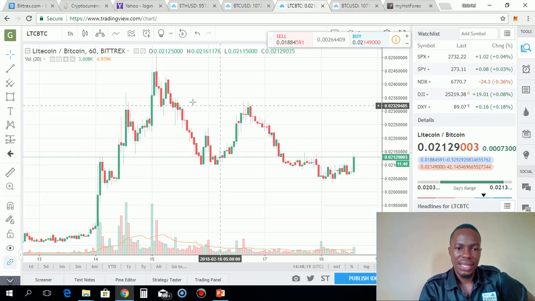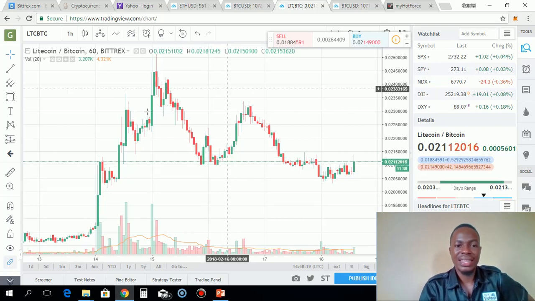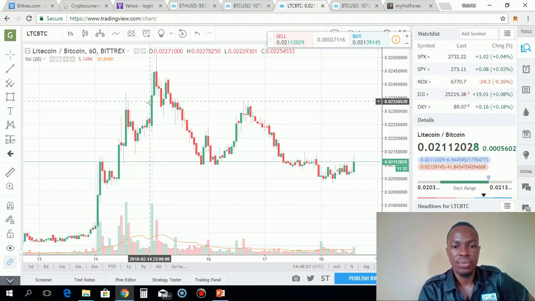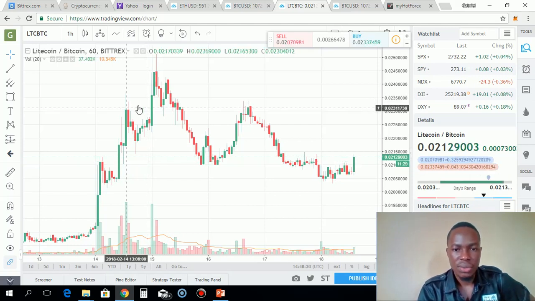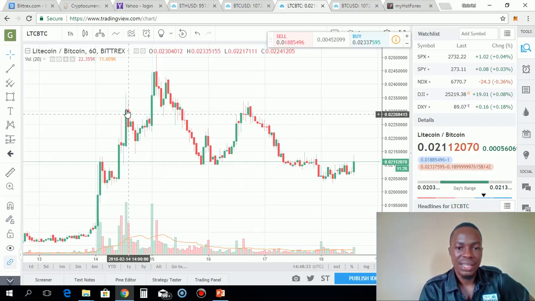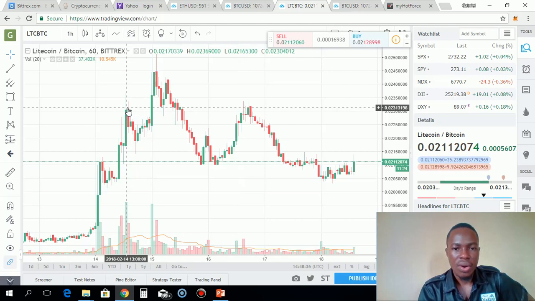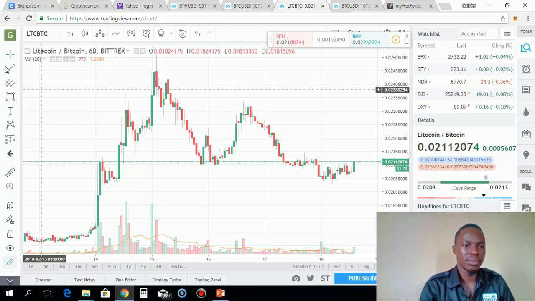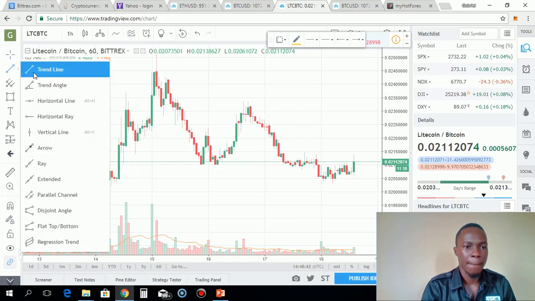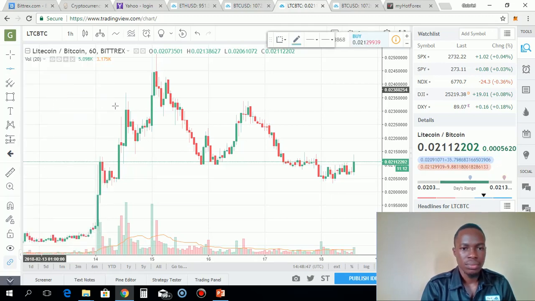As I said earlier, resistance is an area or an arbitrary ceiling that price finds it difficult to go above. So if you look at this zone on this chart, you can see that price has bounced off like twice on this arbitrary ceiling. So let me just draw a line there so we see what's happening.